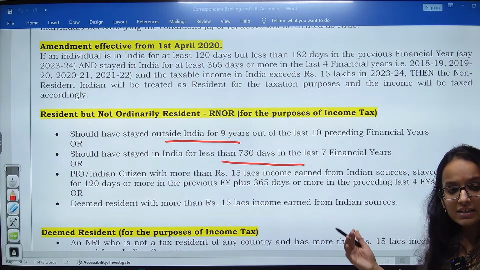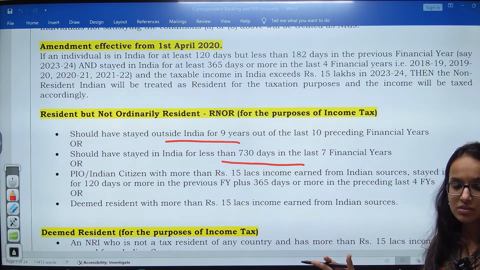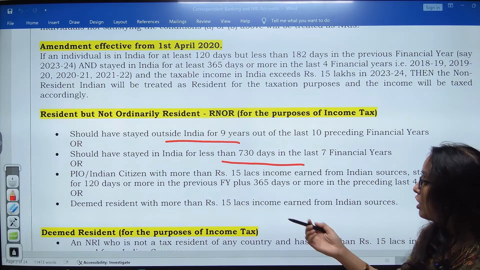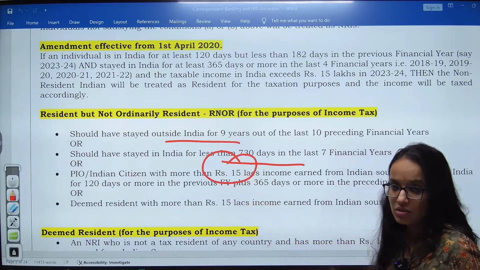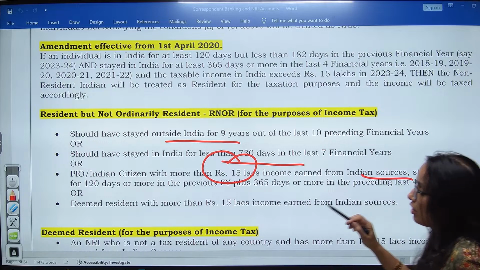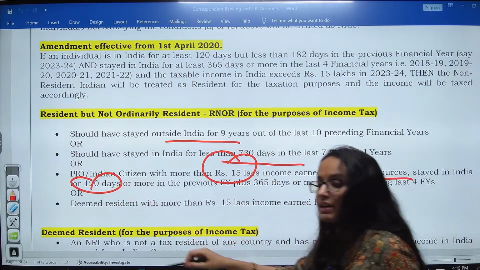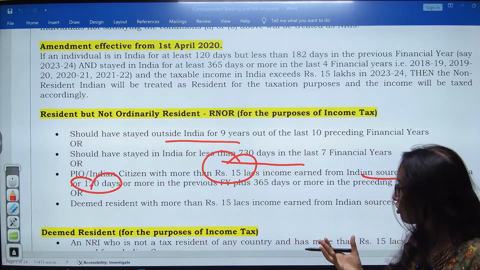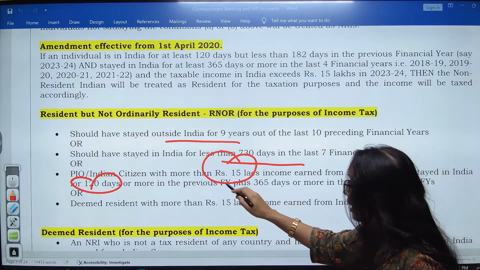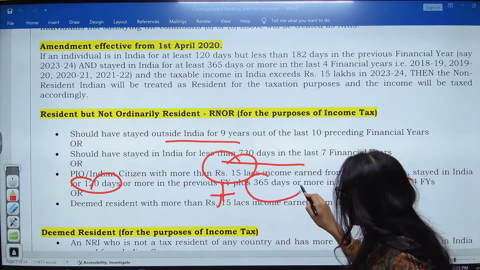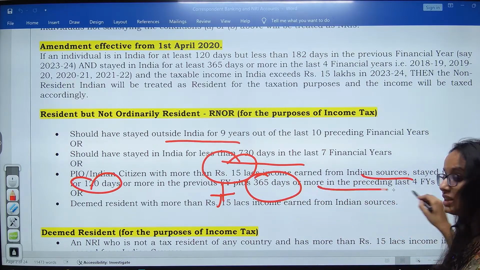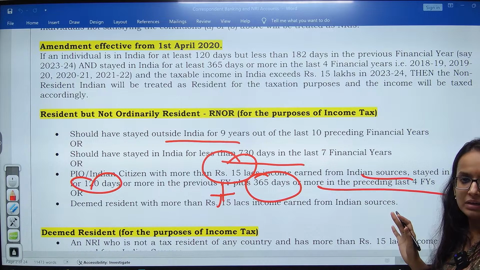Next, a PIO or Indian citizen: a person of Indian origin or an Indian citizen with more than 15 lakh rupees of income earned from Indian sources only, who stayed in India for 120 days or more in the previous financial year, plus 365 days or more in the preceding 4 financial years.